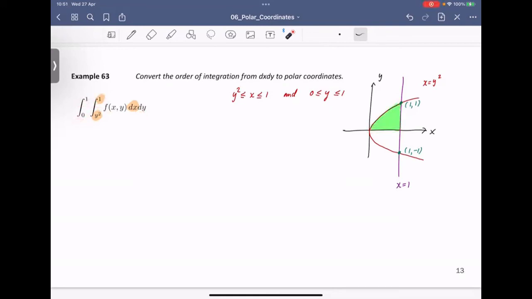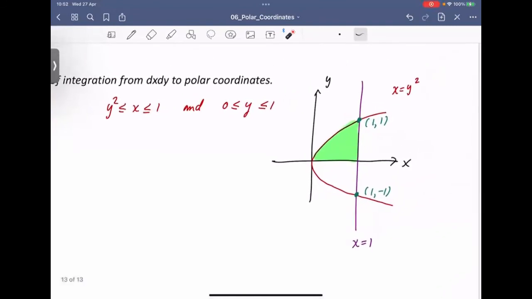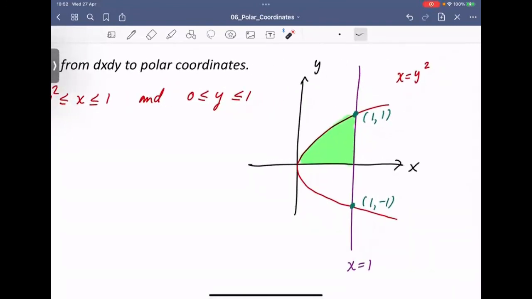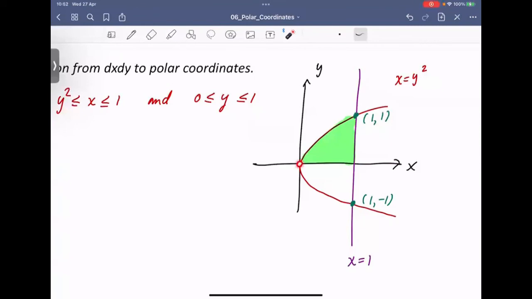Okay, now, the hard part. Let's zoom in because the picture needs to be clearer. I'm going to start from the pole here. You know, always start from the pole for polar coordinates.